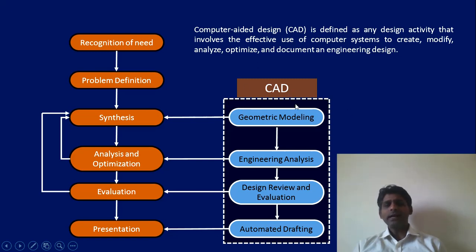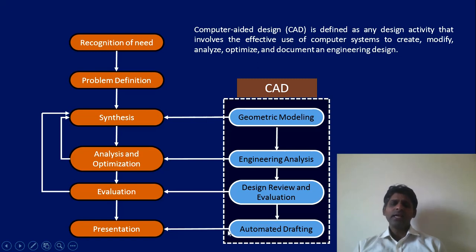What exactly is this CAD, or computer aided design, or how it can be done by using computers, is what we will see next. So here we see that there are four things involved in this. The first one is geometric modeling, and then we have engineering analysis. And after we do analysis, then we have to review and evaluate the design.